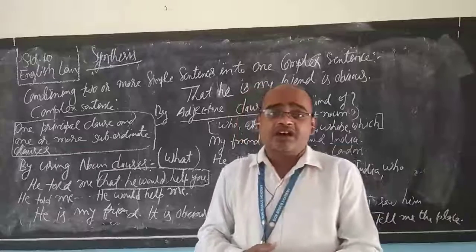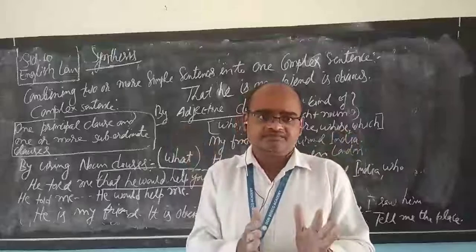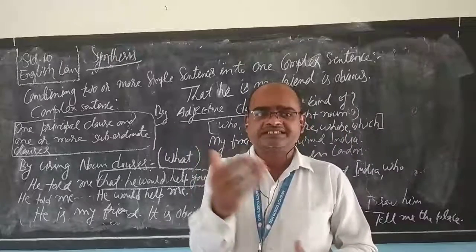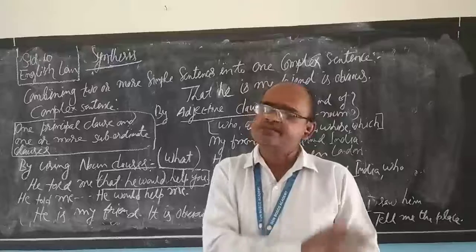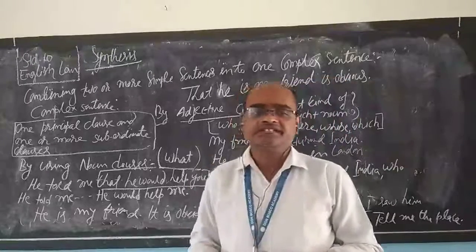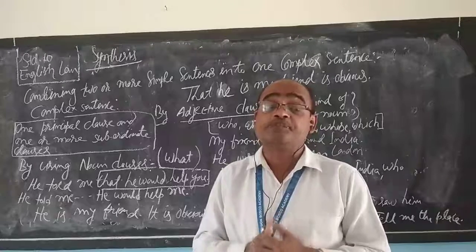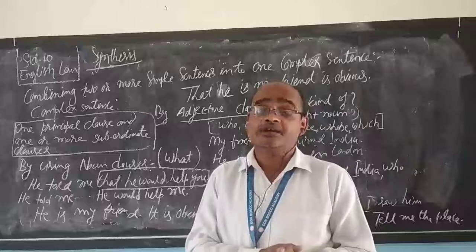Now, what is a principal clause? A principal clause doesn't depend on another clause for meaning. If you separate the principal clause, it will give complete meaning. But if you separate the subordinate clause, it will not stand with complete meaning. It will depend on the principal clause for complete meaning.